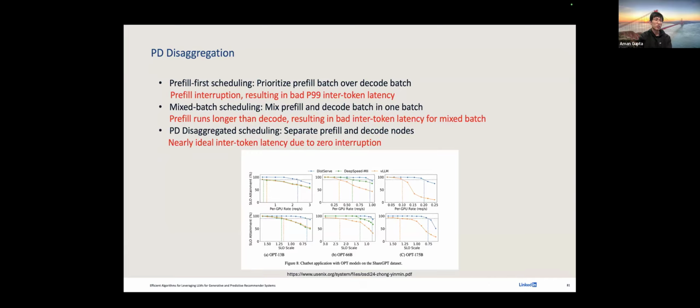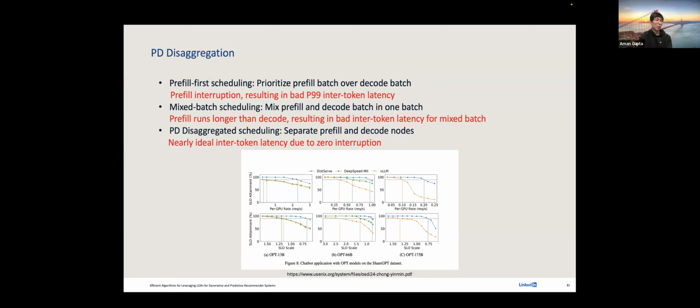This prioritizes prefill batches over decode batches. In this setting, decode tasks often get interrupted by large prefill jobs, resulting in pretty poor P99 latency, especially P99 inter-token latencies, which means the user experiences irregular, jumpy token generation.